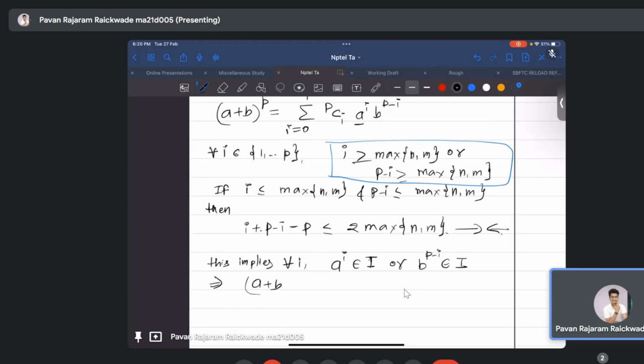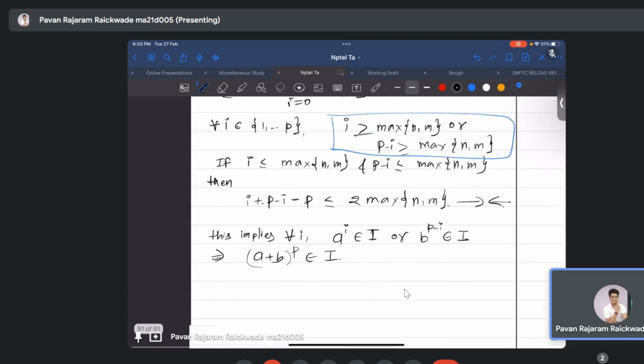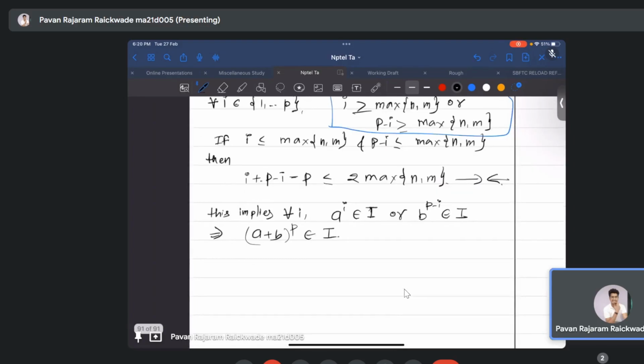So you get (a+b)^p belongs to I, because it's just the summation of elements in I. So we found a natural number p for which (a+b)^p again belongs to I. This implies a plus b belongs to rad I.